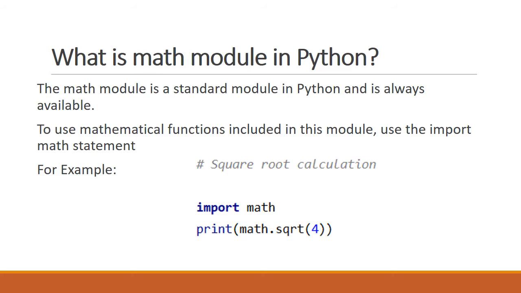The math module is a standard module in Python and is always available. To use mathematical functions included in this module, use the import math statement. Math is the module, square root is the function, and 4 is the argument passed to the function's parameter.